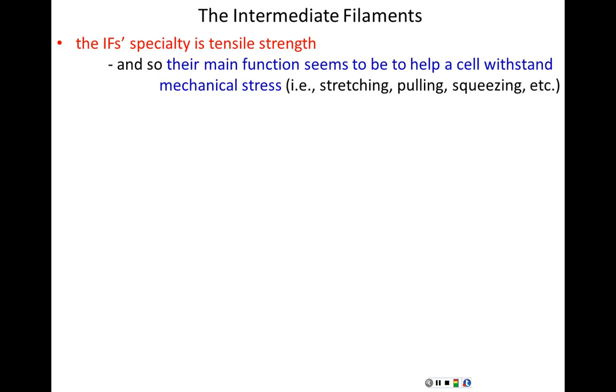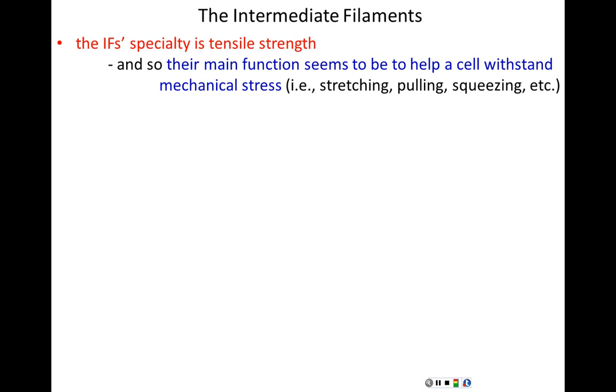So let's go through these very slowly across 2 lectures, one by one, and talk about how each of these filament proteins contributes to the cytoskeleton and what each of their roles is. The specialization of the intermediate filaments comes down to just brute force strength. The IFs are the strongest, most tensile of all the filaments that make up the cytoskeleton.